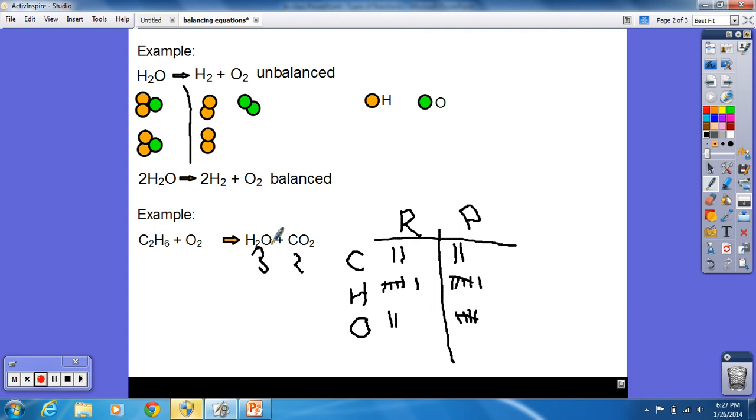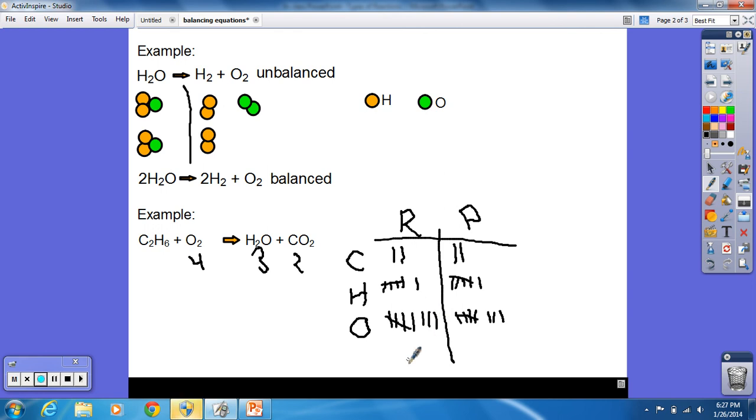But again, I've now added 3 more oxygens: 1, 2, 3. So now I've got 8 oxygens over here and only 2 over here. So clearly I need 4 here to get me up to 8. And that'll add 6 more: 1, 2, 3, 4, 5, 6.